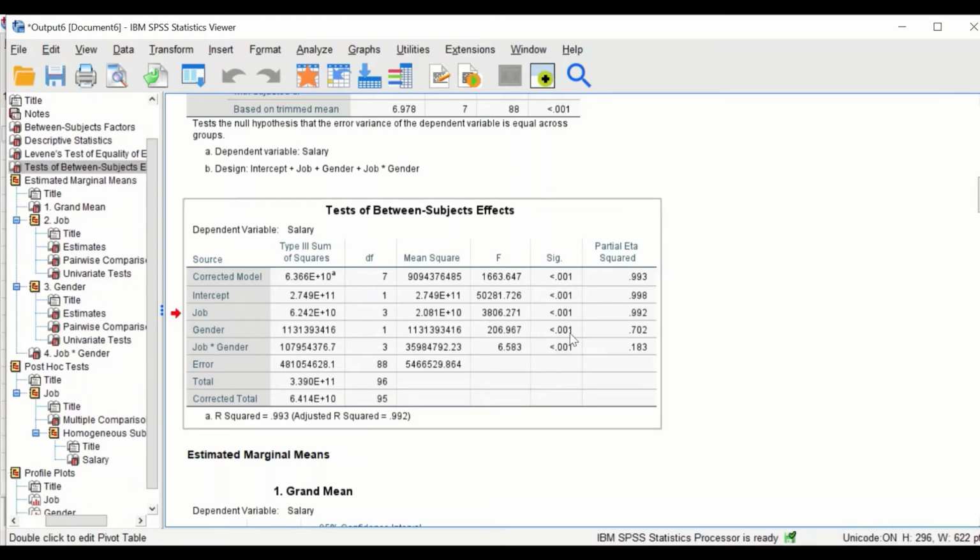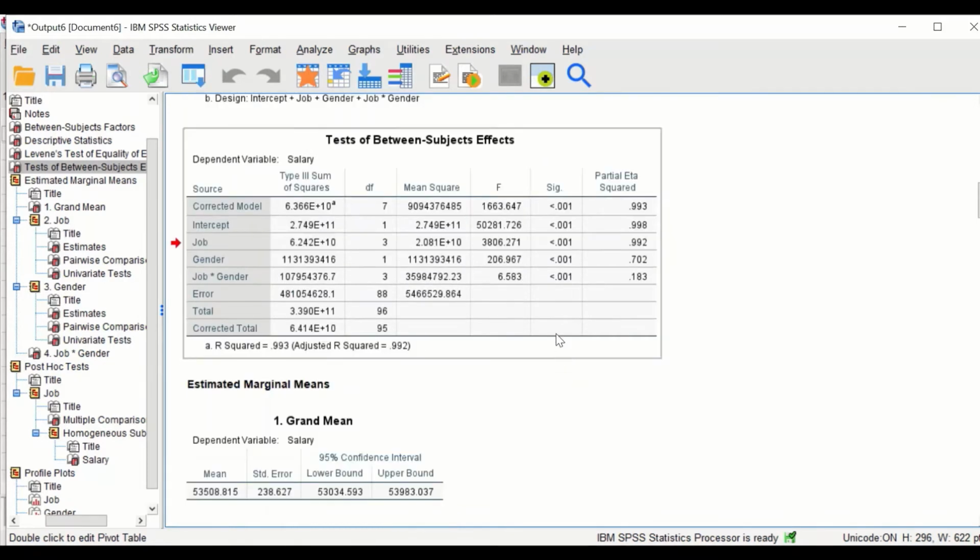For the gender, whether you are a male or a female, whether your salary is affected by your gender, the p-value is less than 0.05. So there is a significant difference between males and females. And for the interaction, whether job and gender can have an influence on the salary, again, there is a significant difference.